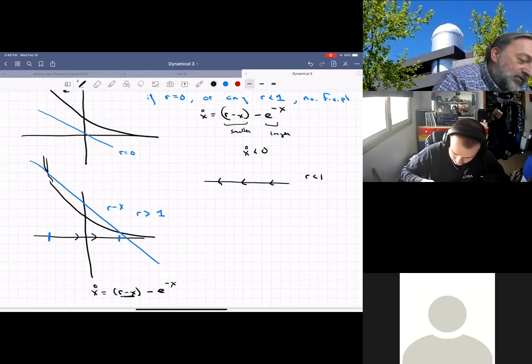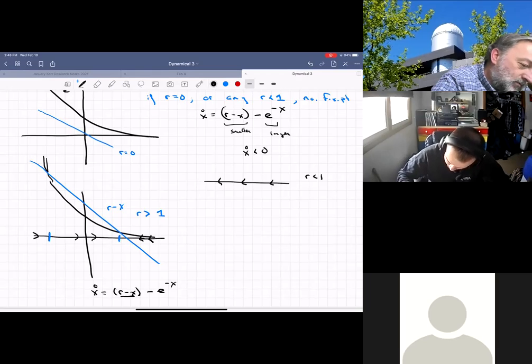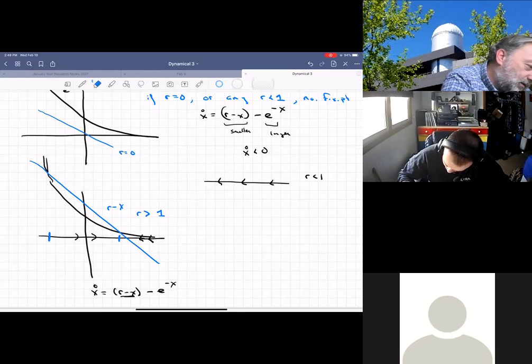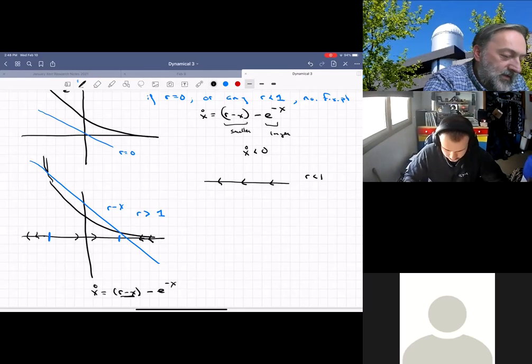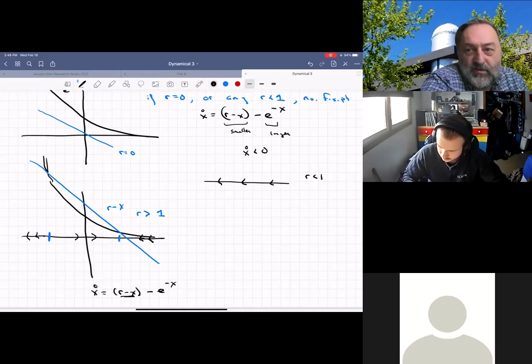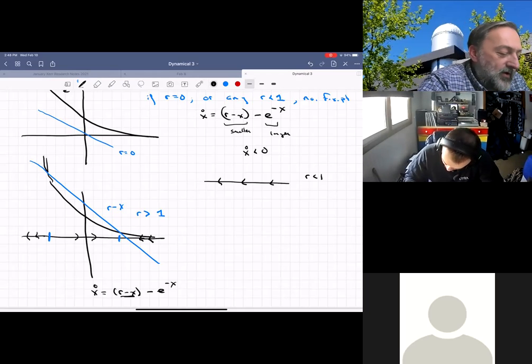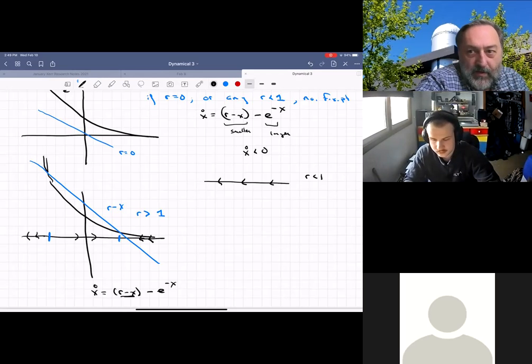On either of the other sides, the flow is to the left. Well, over here, yeah, they're both to the left, right? In the other cases, the flows are both to the left. So if I go over here to the far right-hand side, the black line is above the blue line.